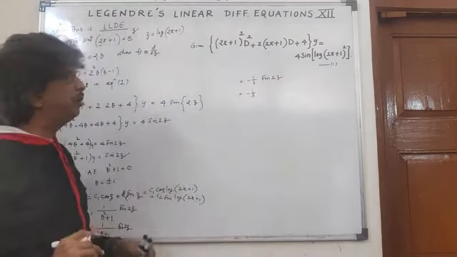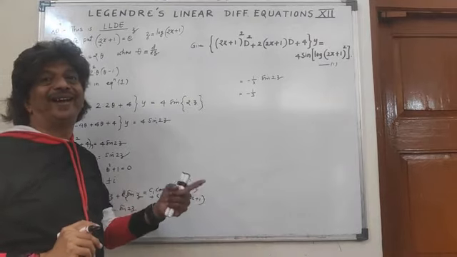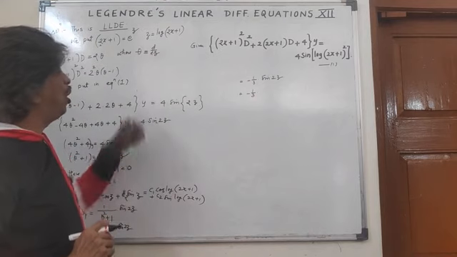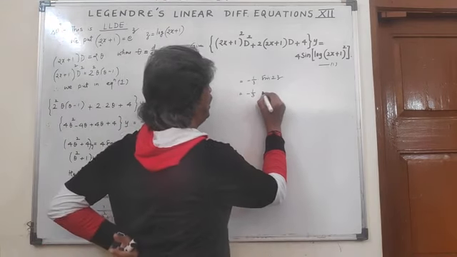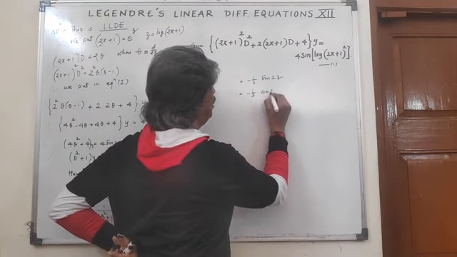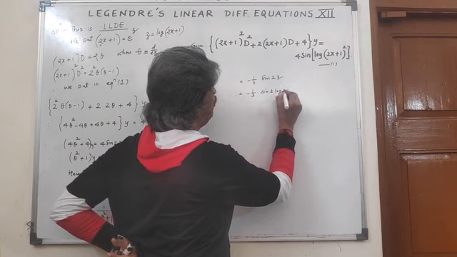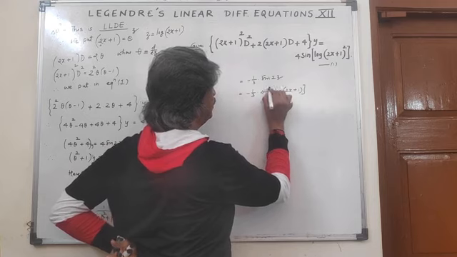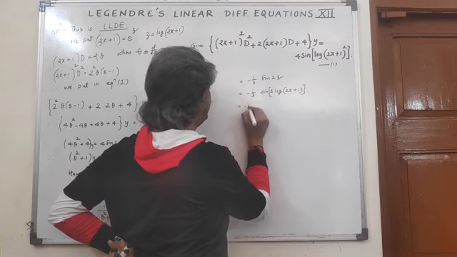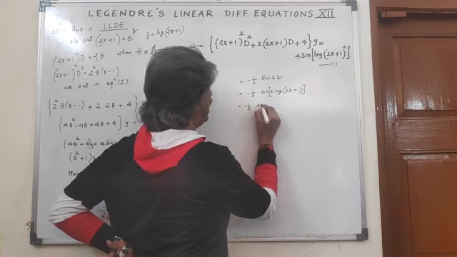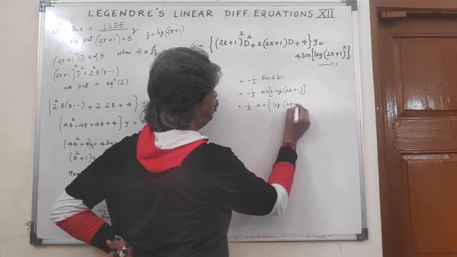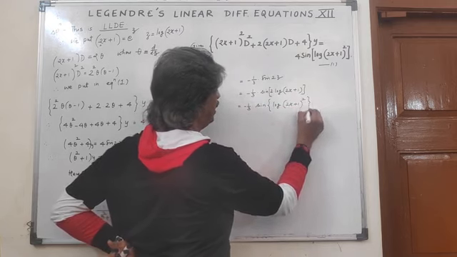The general solution must be expressed in terms of x, not in terms of z. Z was log of 2x plus 1. So yp is minus 1 by 3 sine of 2 times log of twice x plus 1, or minus 1 by 3 sine of log of 2x plus 1 whole square.